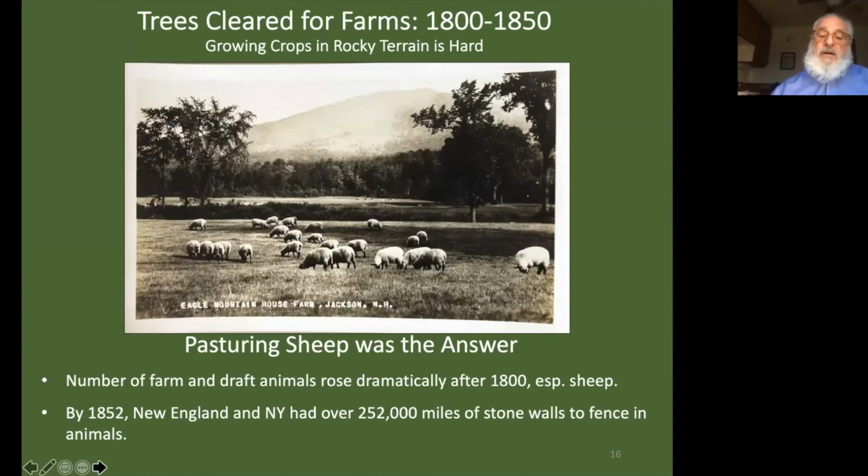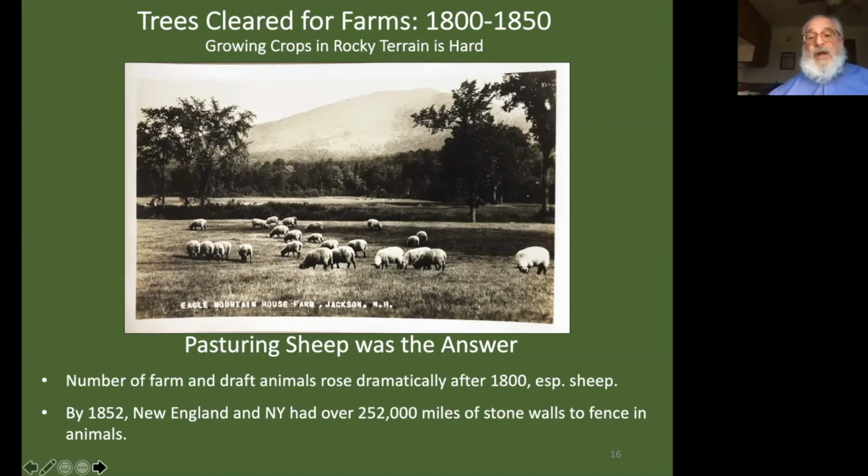And it turns out, not my numbers, but from people that have done a lot of research, the fellow that wrote the book, The Granite Kiss, reports this. By 1852, New England and New York had over 252,000 miles of stone walls to fence in animals. That's an incredible number. It's more than England had, as I understand it.